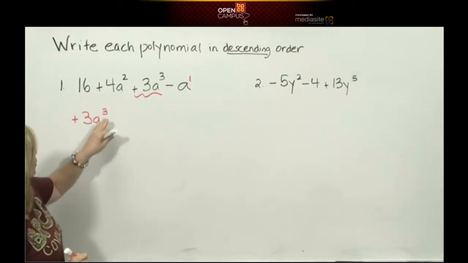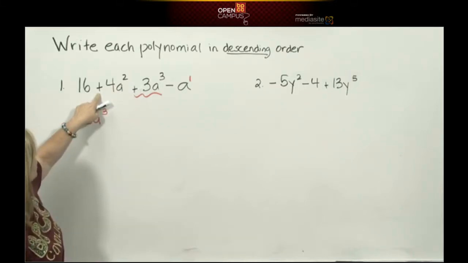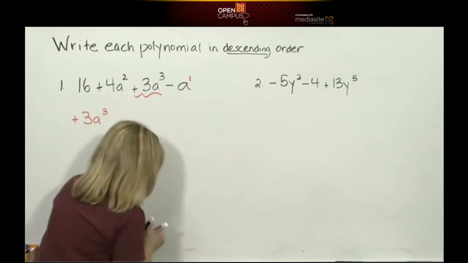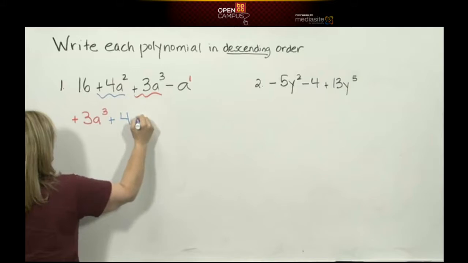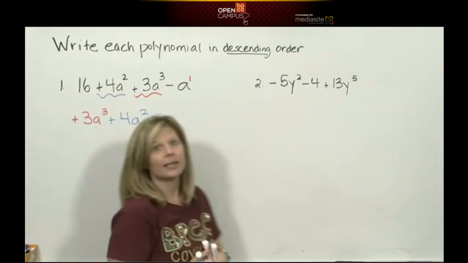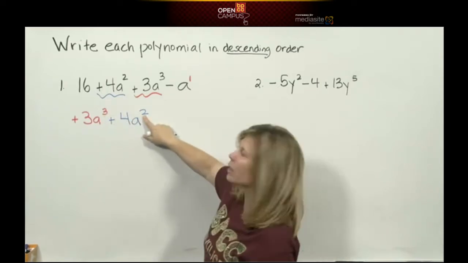The next term after 3, the exponent going down in descending order, would be the 2. So we look in front, and it is positive 4a squared. The next term would be, if we go 3, 2, then 1.